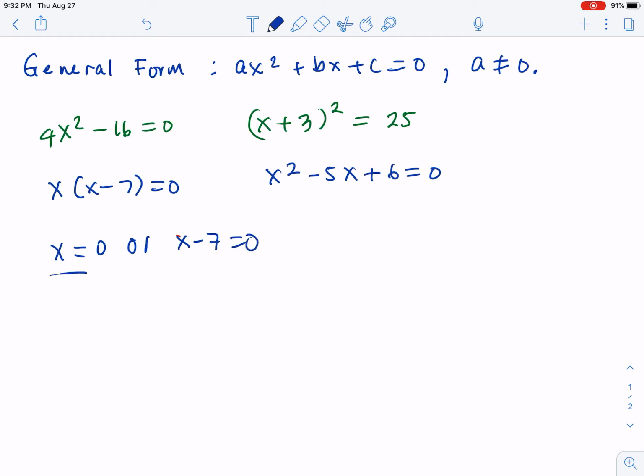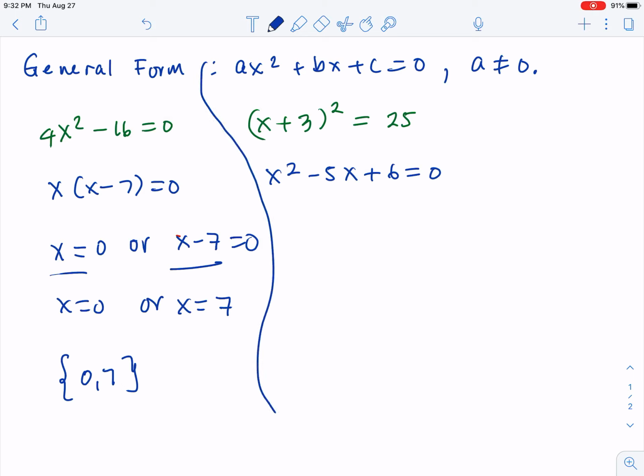So, inequate natin yung factors sa 0. So, this is x equals 0 or x equals 7. Kung gusto nyo ilagay sa set notation, pwede nyo isulat yan.